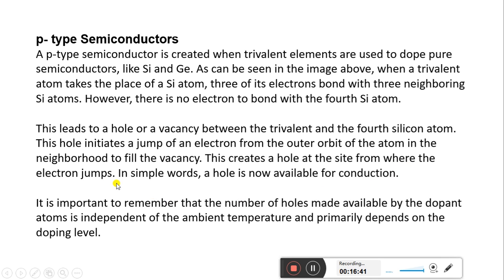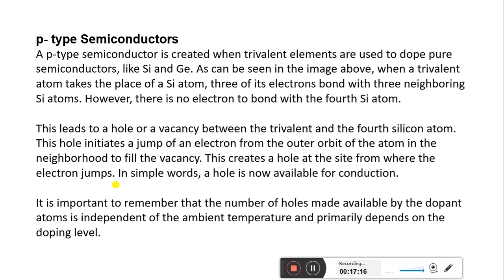Now from where the bond is broken and the electron jumps to fill this vacancy, another hole is created in that covalent bond structure. So in simple words, a hole is now available for conduction. To fill a vacancy, an electron-hole pair is broken and the electron has jumped to fill up that vacancy, and that has created a hole for conduction.